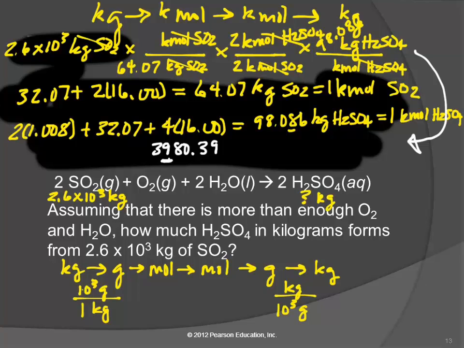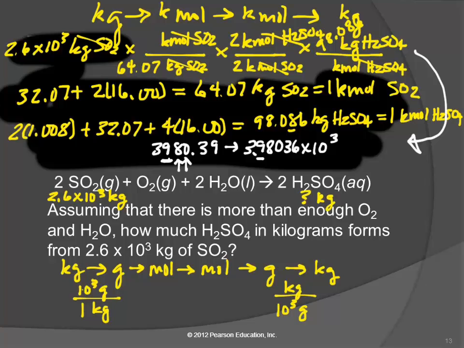This is where you can get into dangerous territory. If you are rounding off digits to the left of the decimal place, you better put it in scientific notation first. So 3.98039 times 10 to the third. Now I'm going to round to 2 decimal places, 3.98. The 8 makes the 9 round up to 10, which rounds the 3 up to a 4.